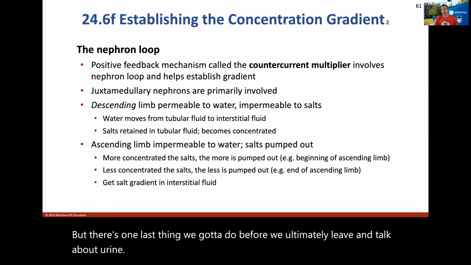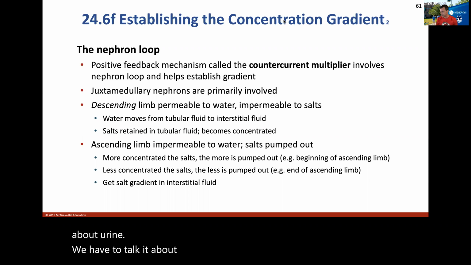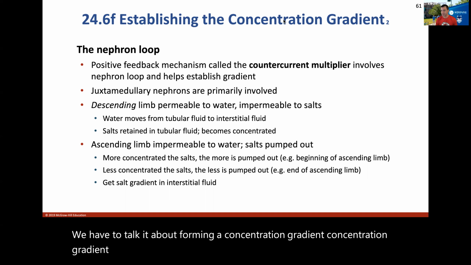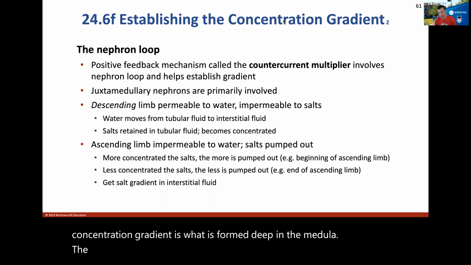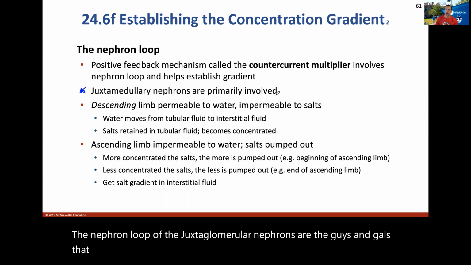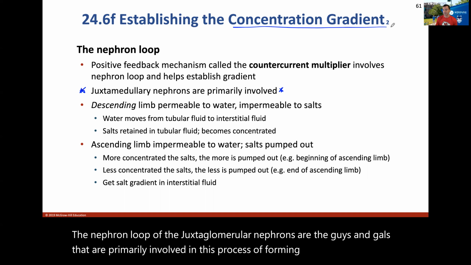We have to talk about forming a concentration gradient, okay? Concentration gradient is what is formed deep in the medulla. The nephron loop of the juxtaglomerular nephrons are the guys and gals that are primarily involved in this process of forming a concentration gradient.